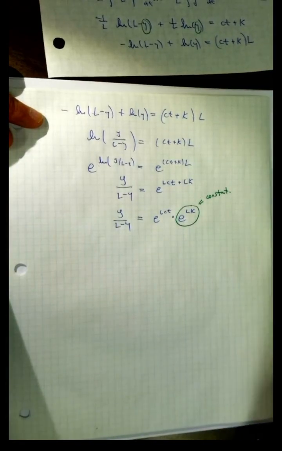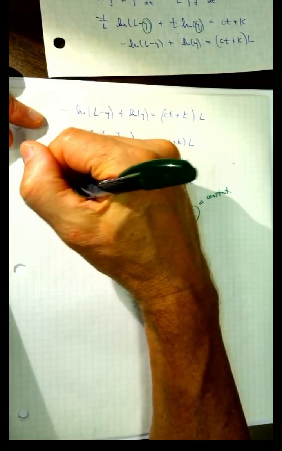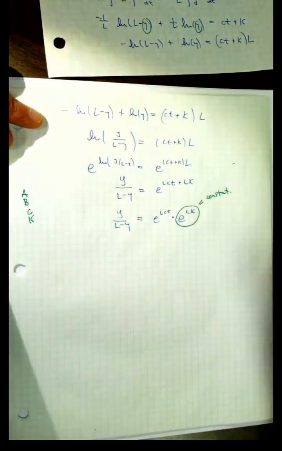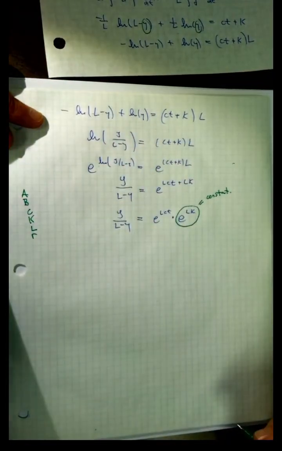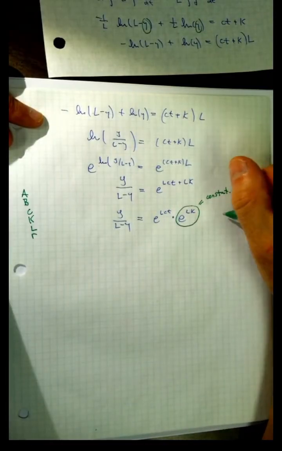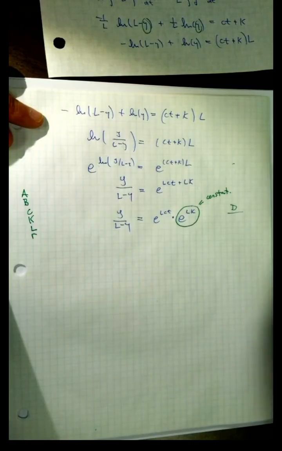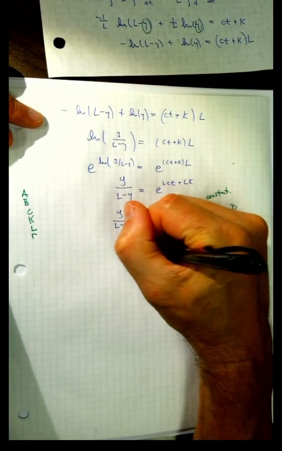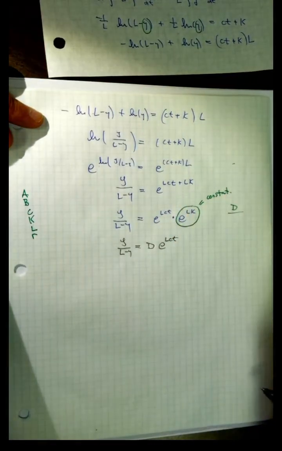We have to give this a name. I've used A, B, C, K, L, and R. Let's just call this D, because why not? So y over L minus y is D e to the LCT.